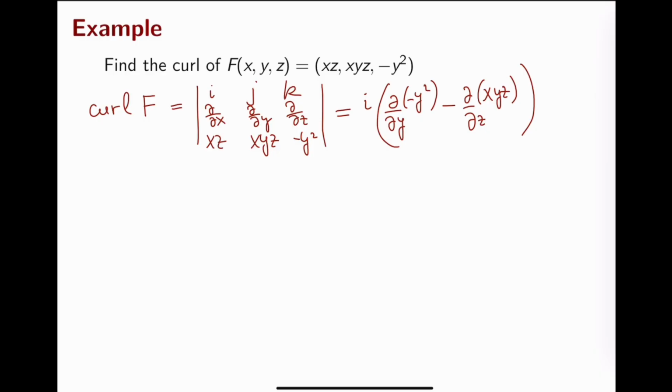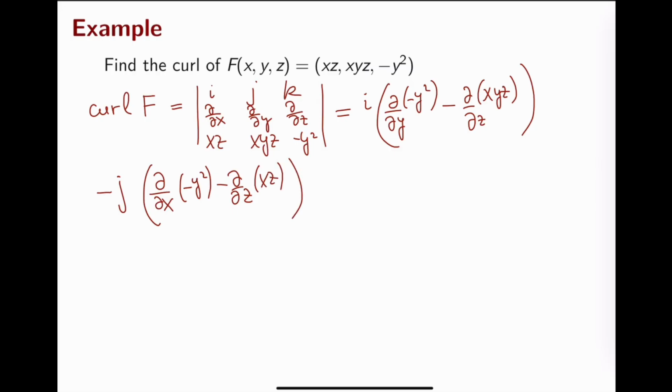So the second component, we're going to continue writing here, minus j times, and now when we eliminate these two, we're going to have this times this minus this. So this is going to be the derivative with respect to x of minus y squared, minus the derivative with respect to z of xz.